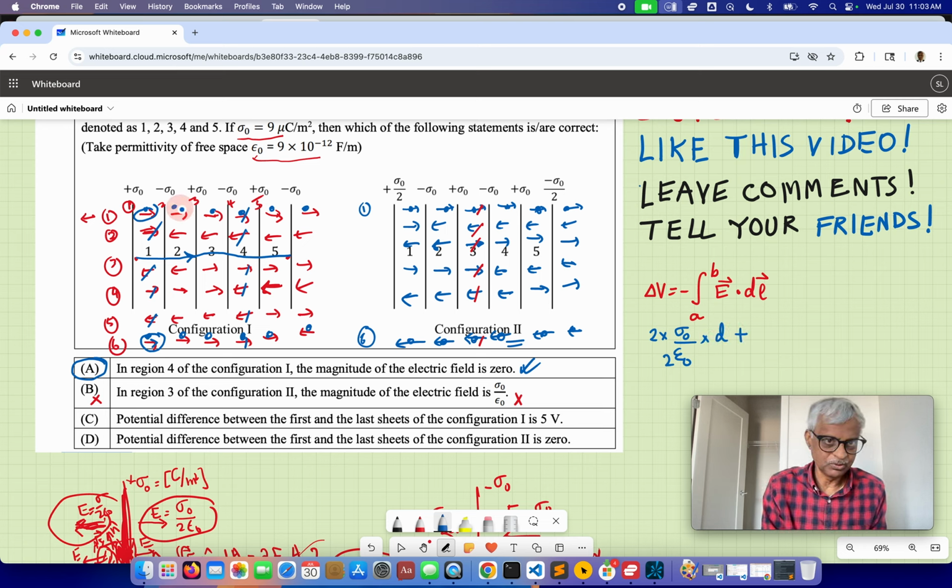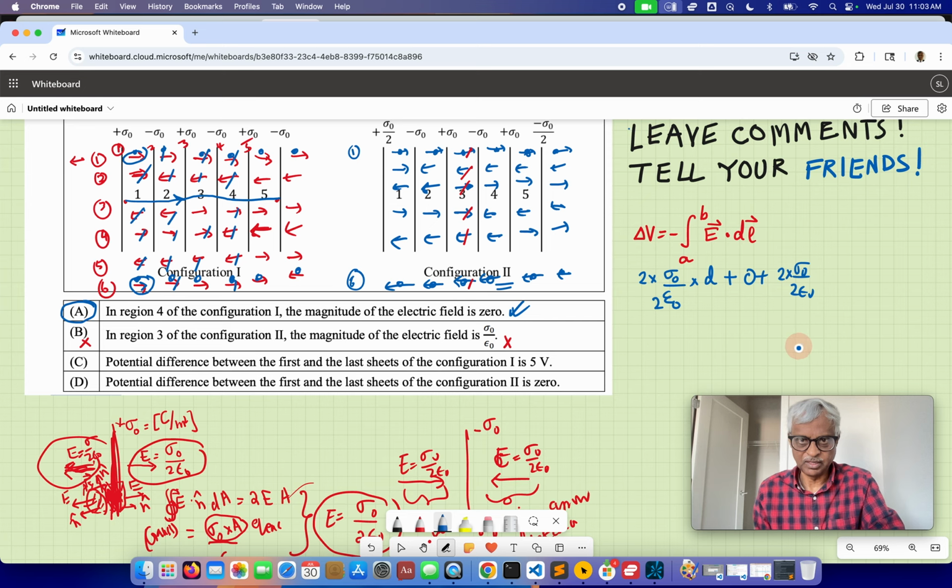In region 2 I have to go, this cancels this, this cancels this, this cancels this. So I got a 0 in the second. In the third one, this cancels this, this cancels this, but this is positive. So it's actually one more of these, 2 times sigma 0 over 2 epsilon naught times d.